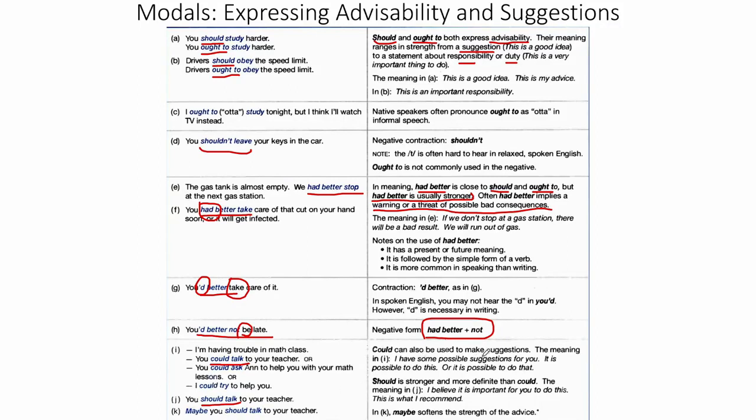Could can also be used to make a suggestion. Should is stronger than could and more definite than could. Could can also be used for making suggestions. So this is for expressing advisability and suggestions.